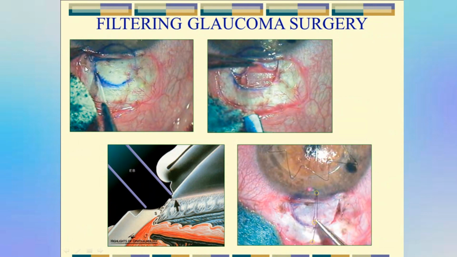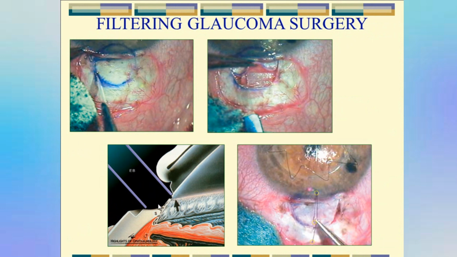The principle is we make an incision of the conjunctiva, then near the limbus make a piece of the sclera, and here you see we make a hole in the angle of the anterior chamber to give the fluid an opportunity to leave the eye.